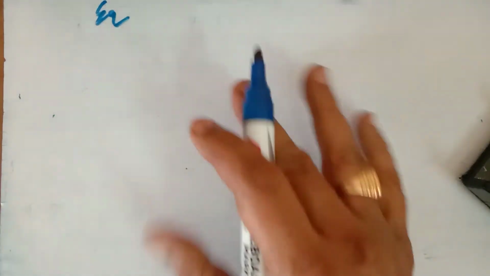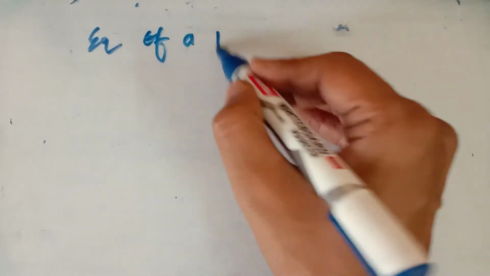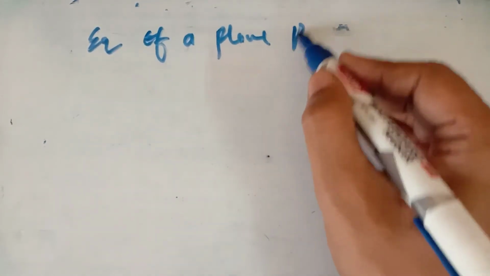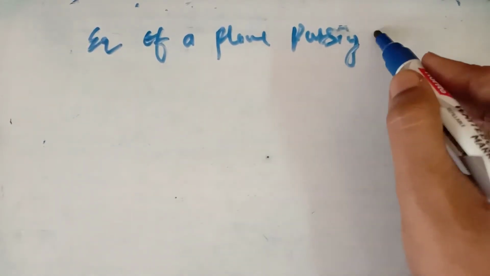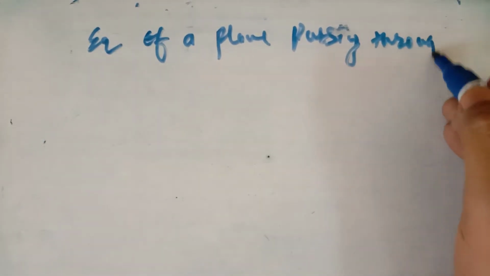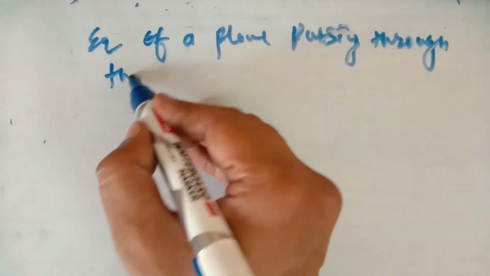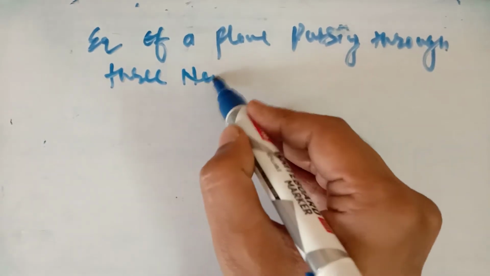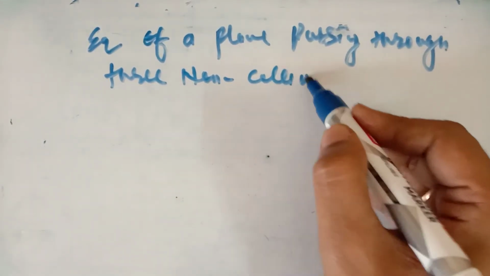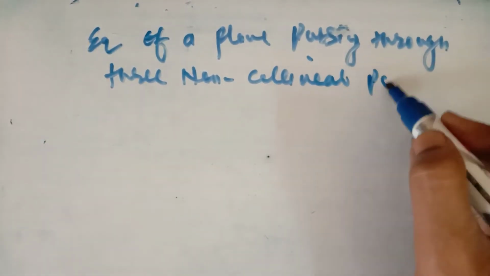Now after that we have the equation of a plane passing through three non-collinear points.